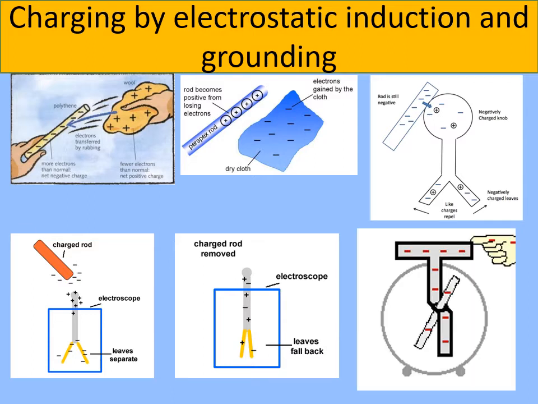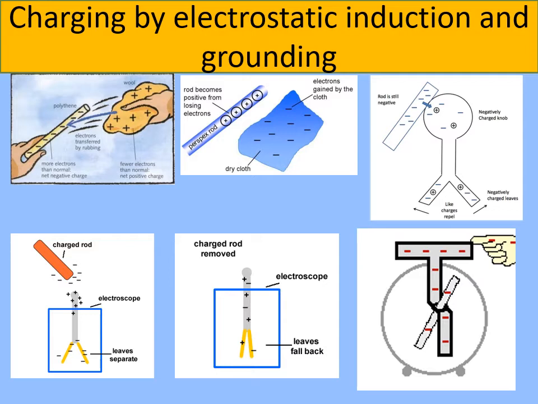Now, what would happen if I touched my finger on the electroscope cap as shown in this diagram? Well, remember, my body is now connected to the ground. So when the negatively charged electroscope is touched in this way, its charge becomes grounded or neutralized.